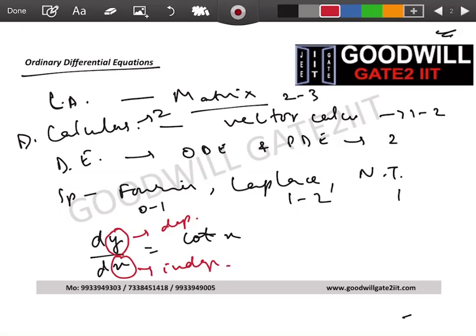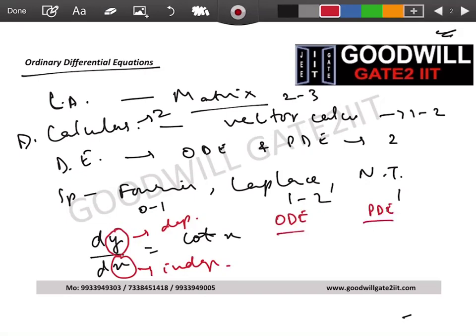So that is the definition of a differential equation. Now there are types of differential equation. One is the ordinary differential equation and another is the partial differential equation.